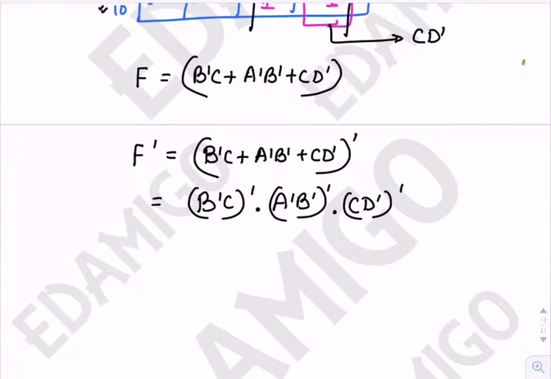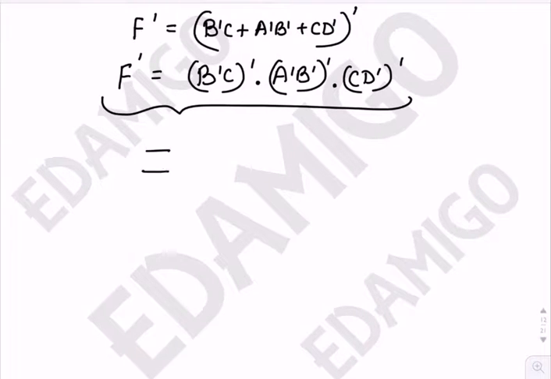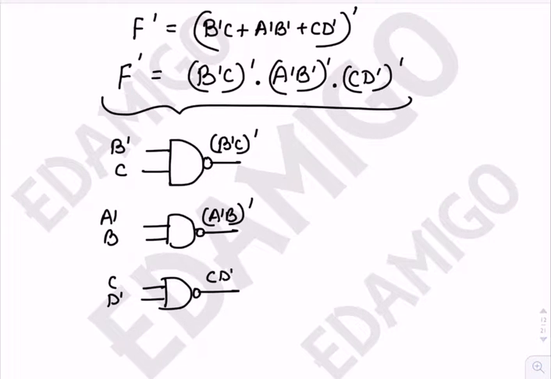Okay, so since we have to implement this function complement, assuming that the complements of the inputs are available, we have B bar C, so we will get B bar C complement; A bar B, so we have A bar B complement; C D bar, so we have C D bar complement.